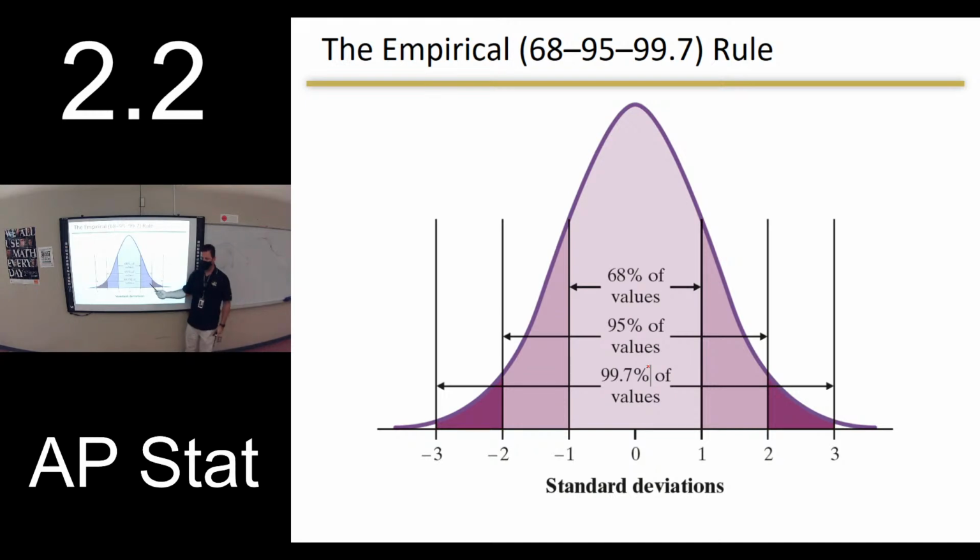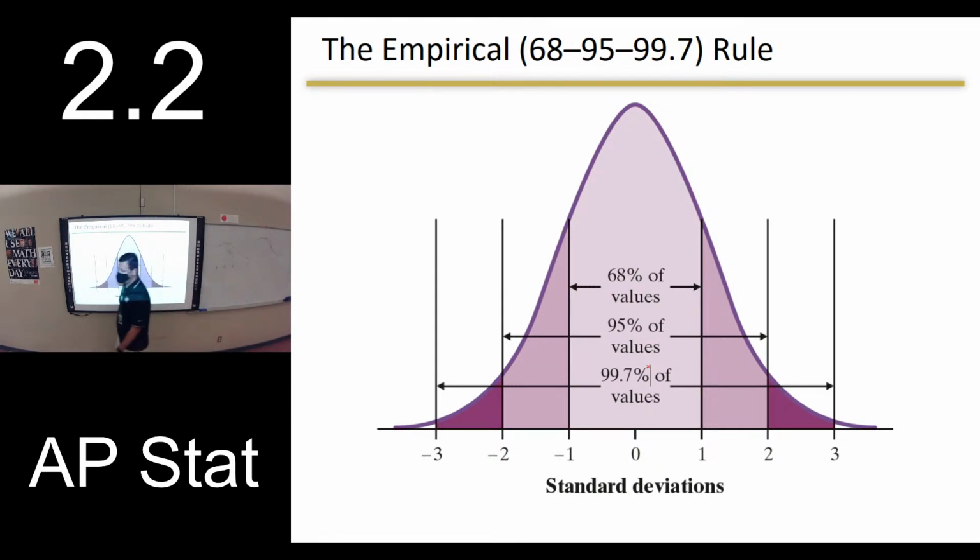But this curve here, we can't figure out the area underneath it. So, because of that, I'm just telling you the area between here and here is 68. And the area between here and here is 95. And the area between here and here is 99.7.